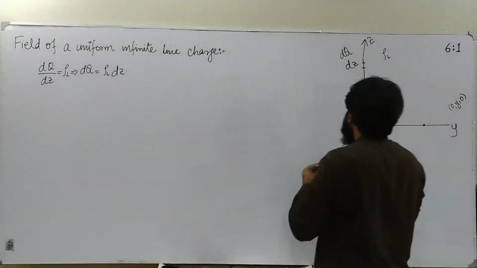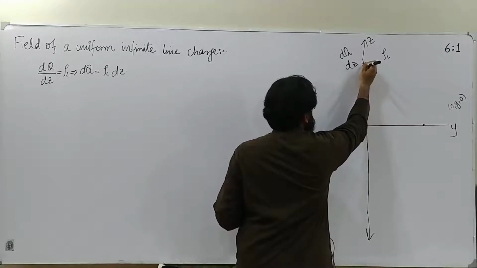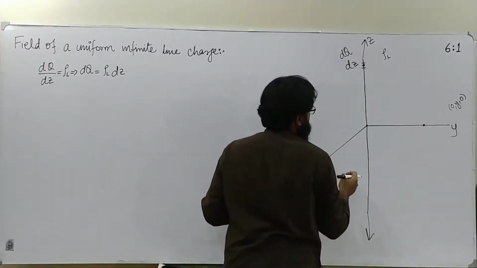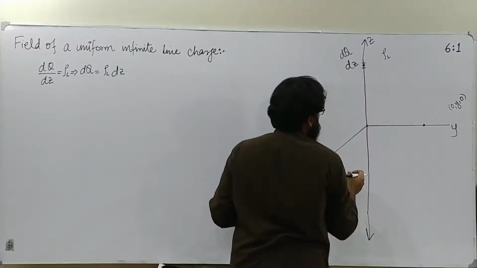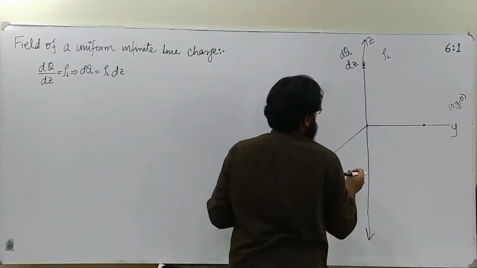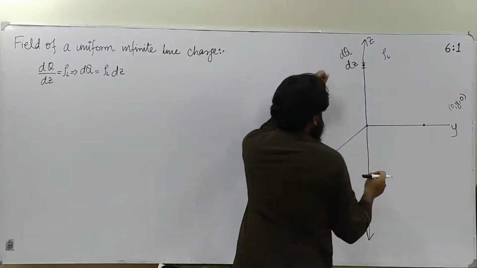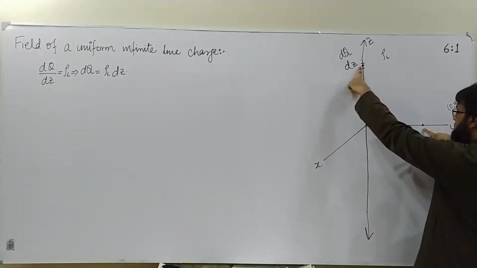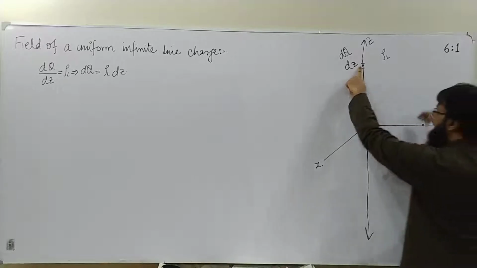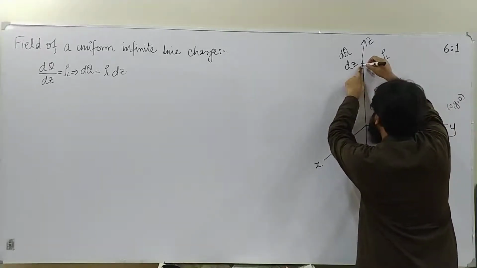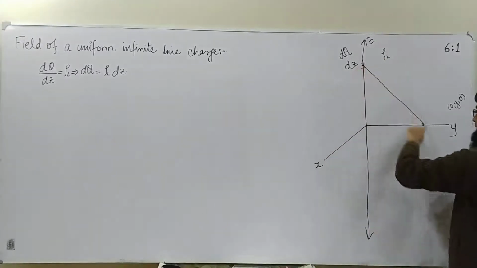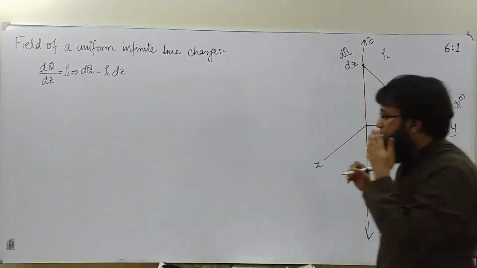To keep treating this charge as a point charge, to find the field at this point due to this point charge, we'll need the distance between the source point and the field point, meaning the length of this line is what is required. Why?